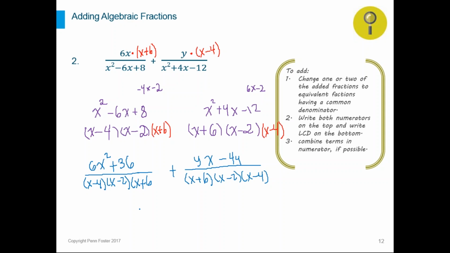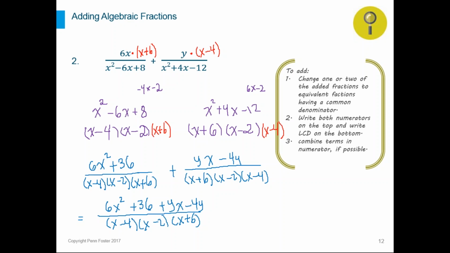Now combine them in one fraction and see if we have anything common that we can combine as far as monomials. The denominator will be written once since it's common: x minus 4 times x minus 2 times x plus 6. And then I'm going to write 6x squared plus 36 plus yx minus 4y.